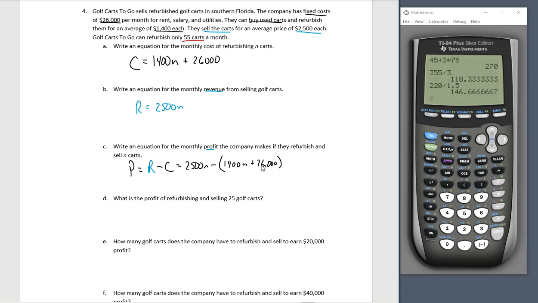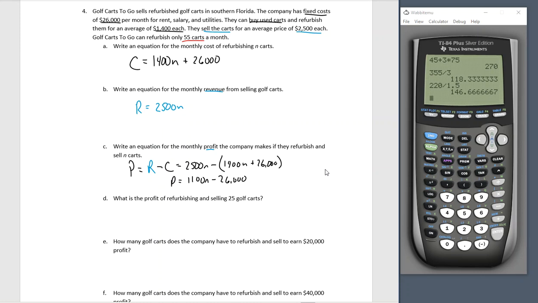I encourage the use of parentheses here so you remember to distribute that negative. We end up with a profit equation of 1,100 N minus $26,000. So after we overcome that $26,000 cost of just rent and all of that, our profit will be $1,100 per golf cart.